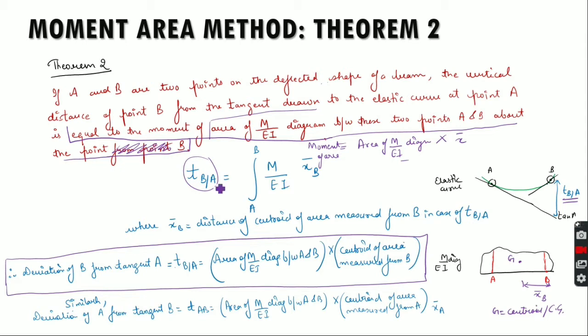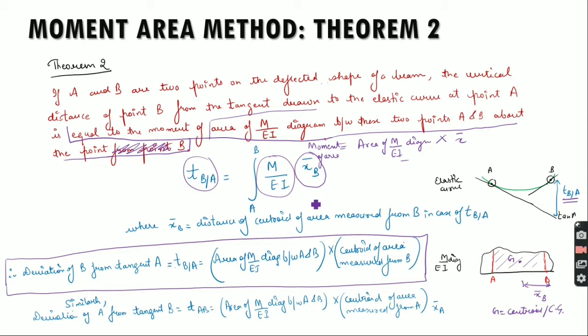So for calculating TBA, what we will do is first we will find out the area of bending moment diagram, which is this. Then we will multiply it with the value x bar. So here you can see in this figure, we are considering 2 points A and B, so we will be taking only this much area of M by EI diagram.